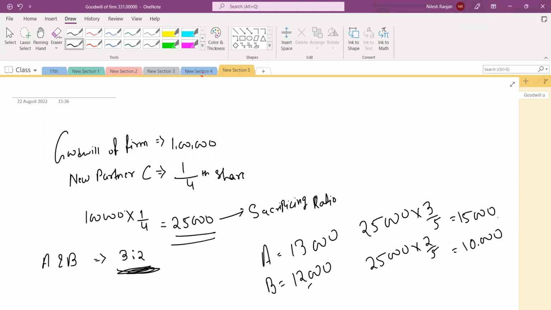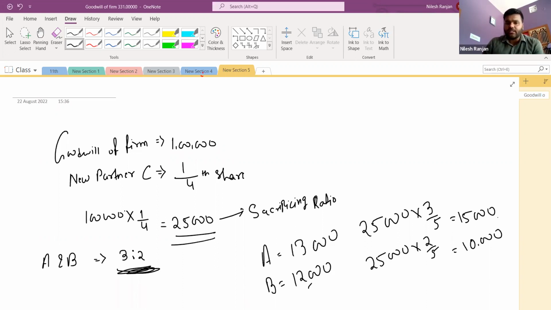In case 1, we have to assume total profit as 1. In the question, if you have been given the old ratio of old partners and the profit share of new partner, then it is case 1.